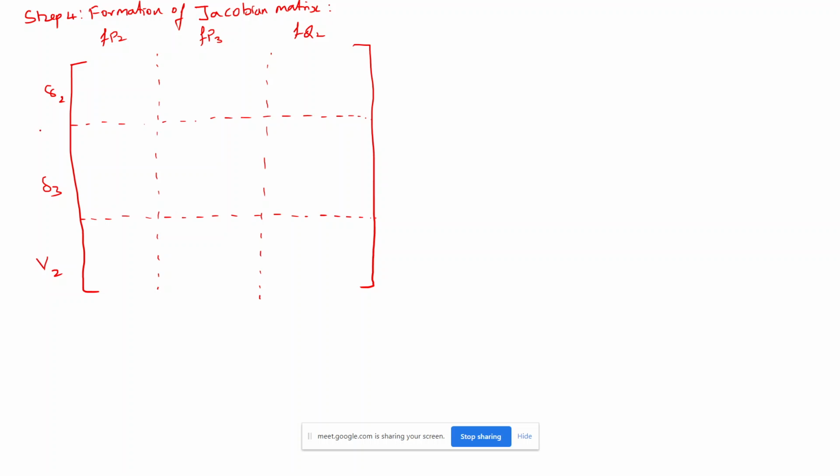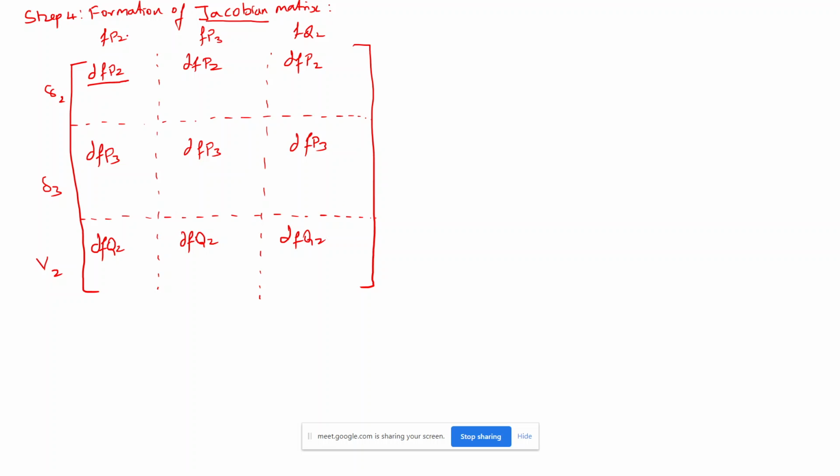It is a Jacobian matrix, so it will definitely contain only first order derivative equations. So it is dou FP2 by, here dou FP3 by, and here dou FQ2 by.